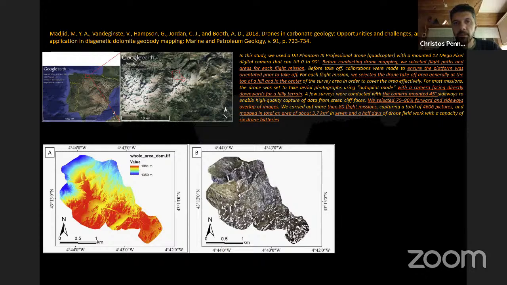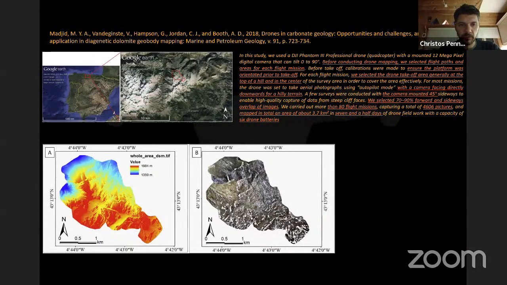Before takeoff, they made calibrations to ensure that the platform was oriented, which was done to calibrate the IMU of the drone. For the flight mission, they selected the drone takeoff area generally at the top of a hill and in the center of the survey area.